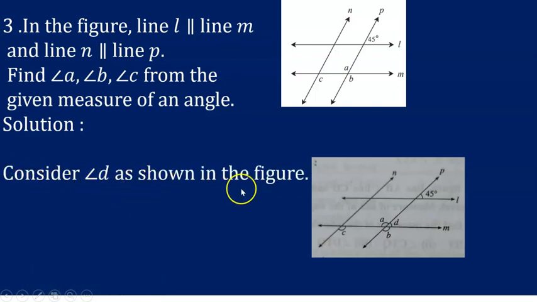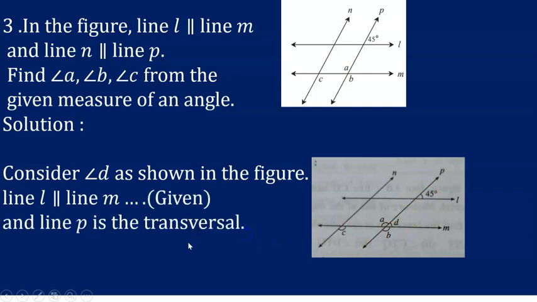Consider angle D as shown in the figure. As these two lines are parallel and P is their transversal, these two angles are corresponding angles. Therefore, the measure of angle D is equal to 45. Its opposite is also 45.